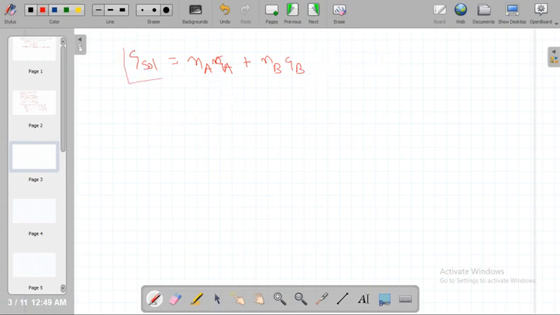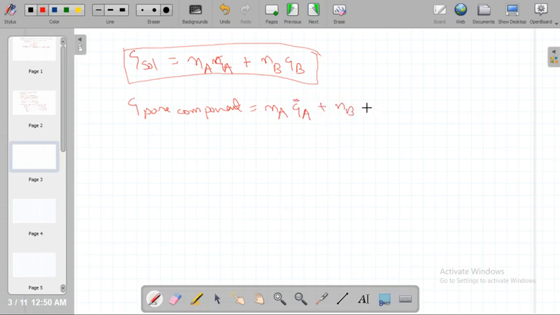For the pure components of the two component mixture, you will get Na Ga bar plus NP Gp bar.